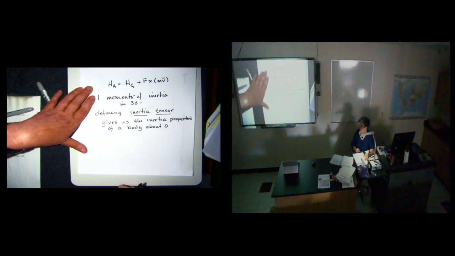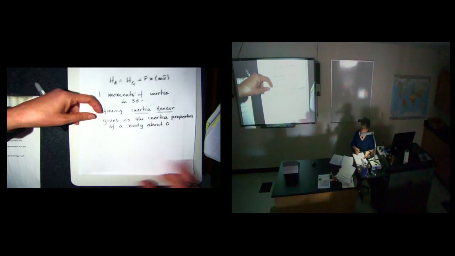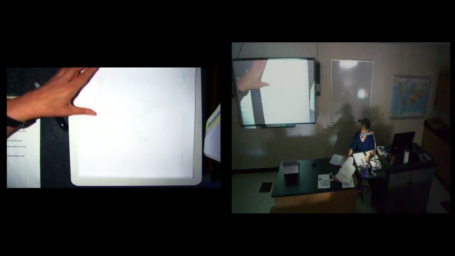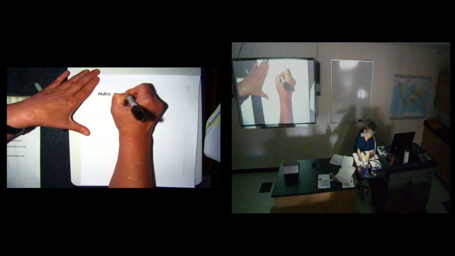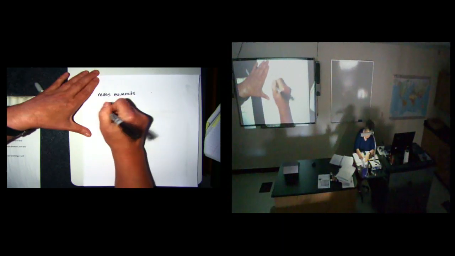Okay? So it's really just giving us the inertia properties about point O. What we end up doing, if we're going back and looking at our moments of inertia, we start with the mass moments. And our mass moments look like this.